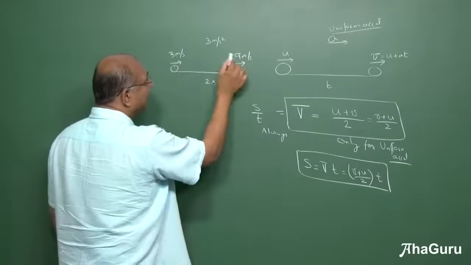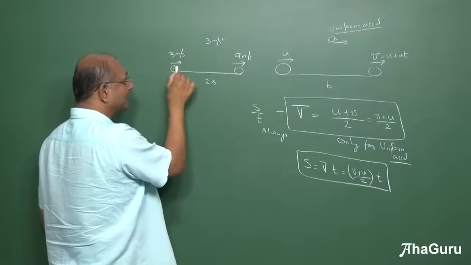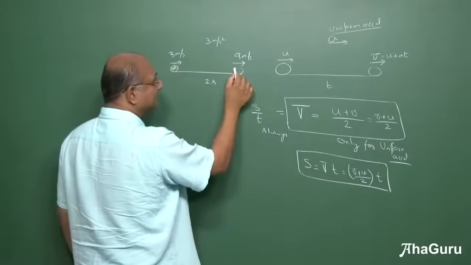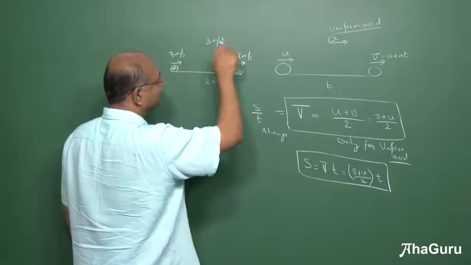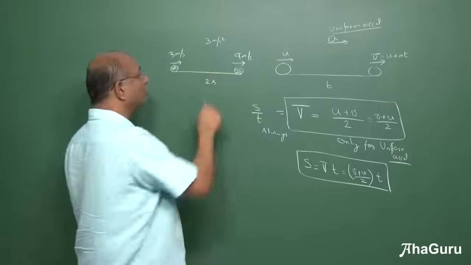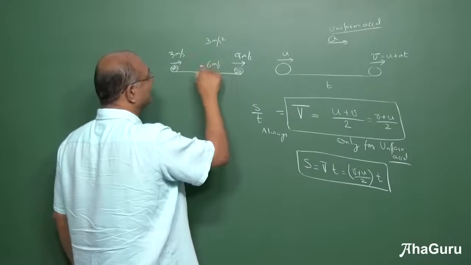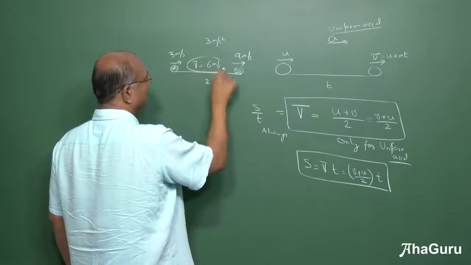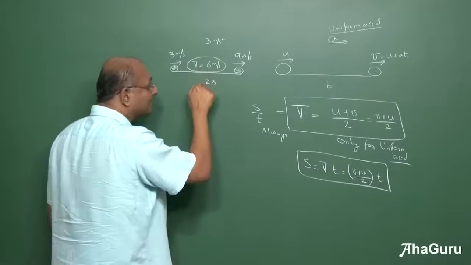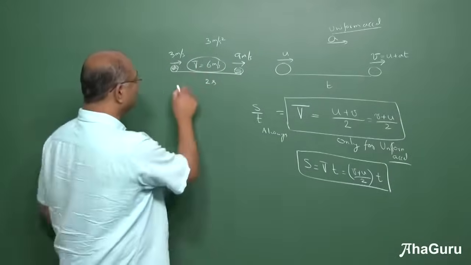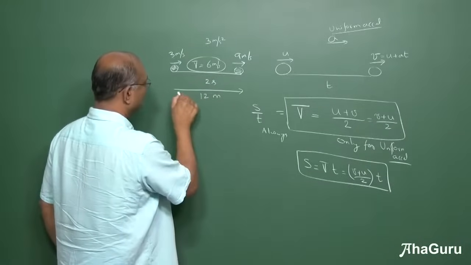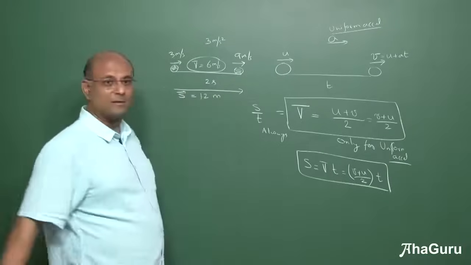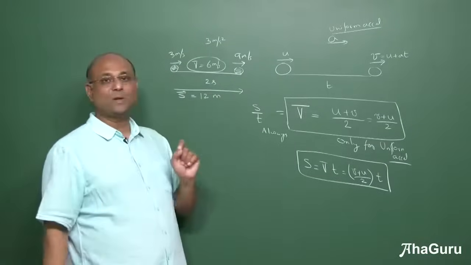What is the average velocity? 3 meters per second is only when it is here, 9 meters per second is when it is here. Average velocity, 3 plus 9, 12 divided by 2, 6 meters per second. Average velocity into time, 12 meters is the displacement. So displacement is 12 meters.